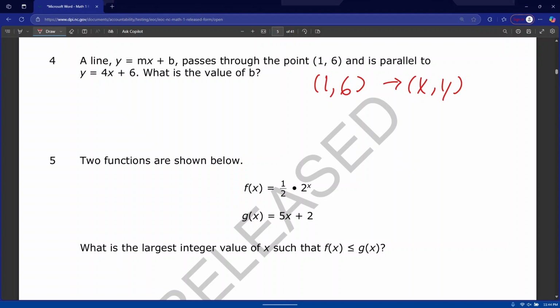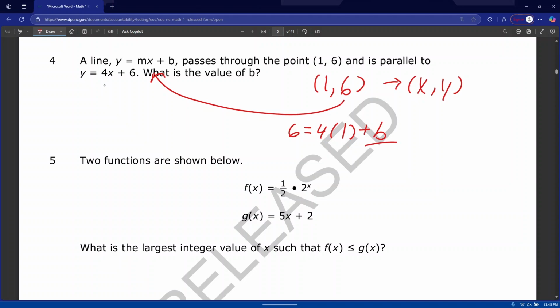What I mean by that is that these points will go into this expression. Let's do that. So we get 6 equals 4 times 1 plus b. 1 is x, 6 is y, and we replace x and y with those numbers to get this equation.